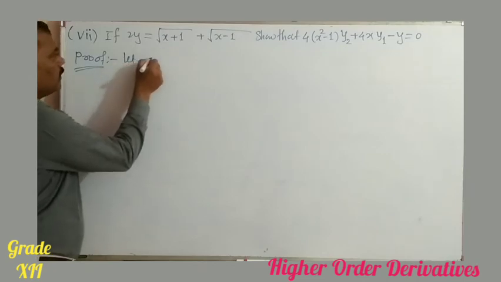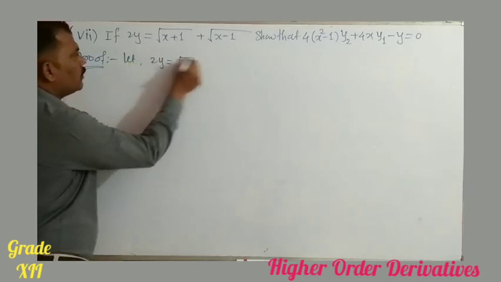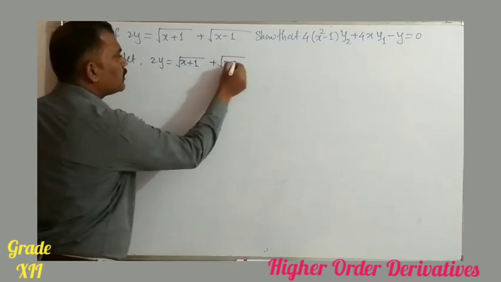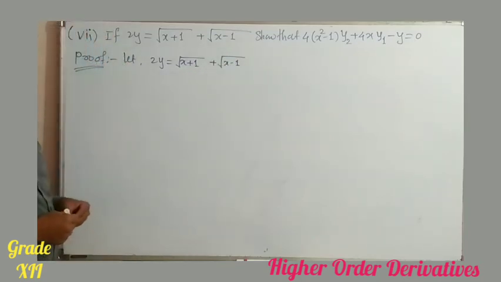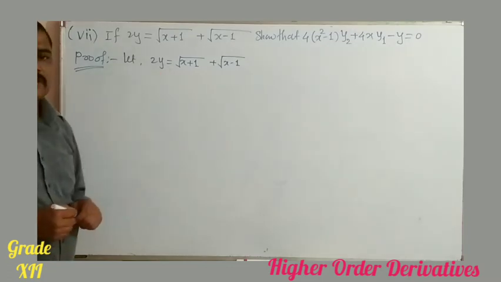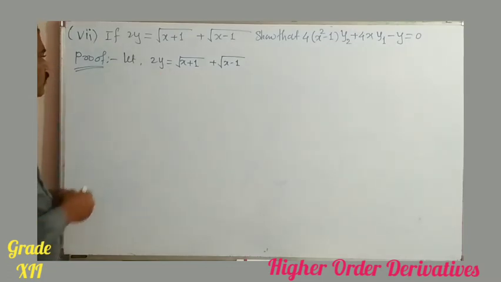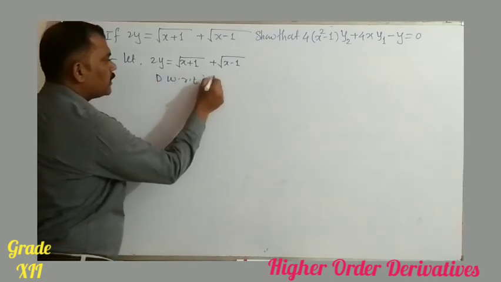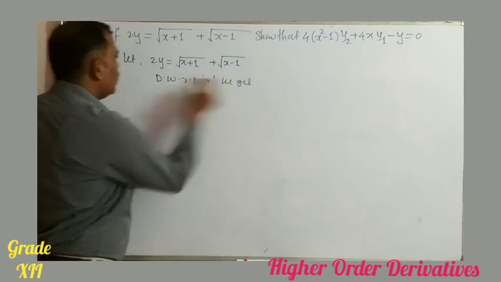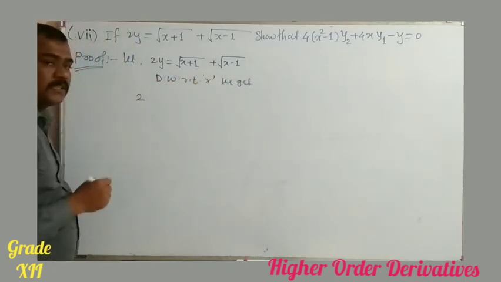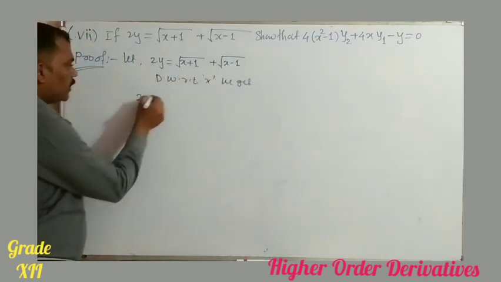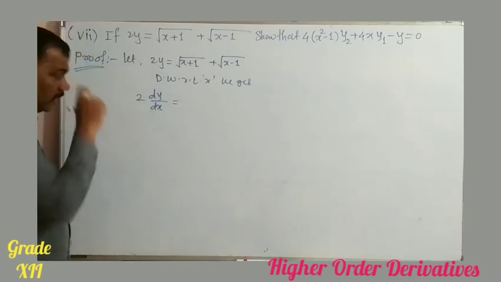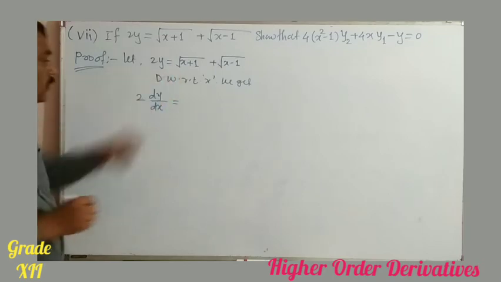Let 2y is equal to under square root of x plus 1 plus under square root of x minus 1. Okay, we have to differentiate this with respect to x. Here 2 is a constant, we have to keep as it is. What is the derivative of y with respect to x? It is nothing but dy by dx is equal to. First of all we have to keep the finger on this root. What is the derivative of root?